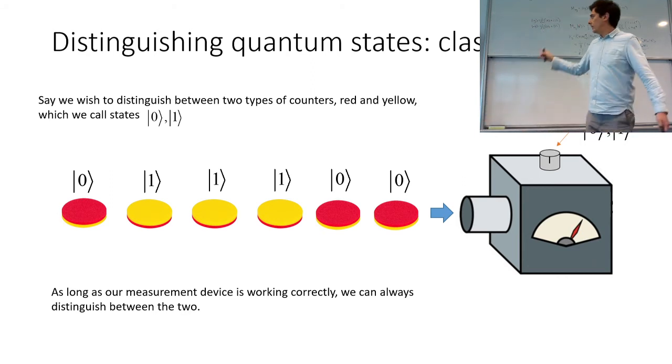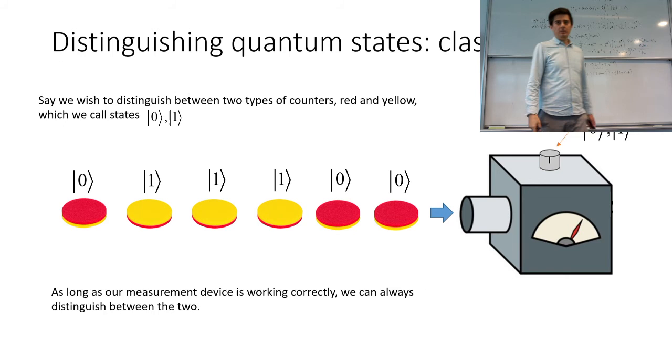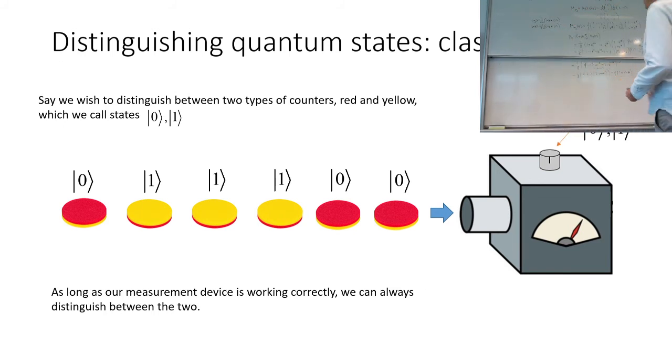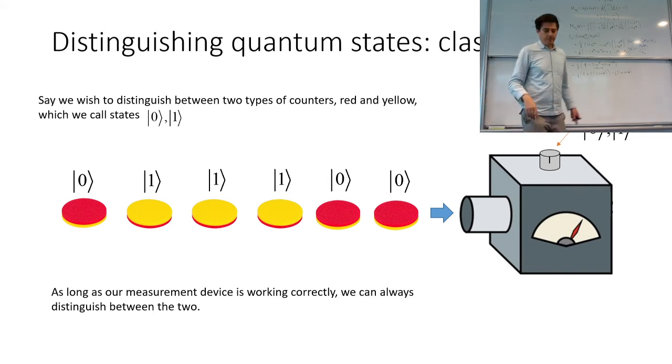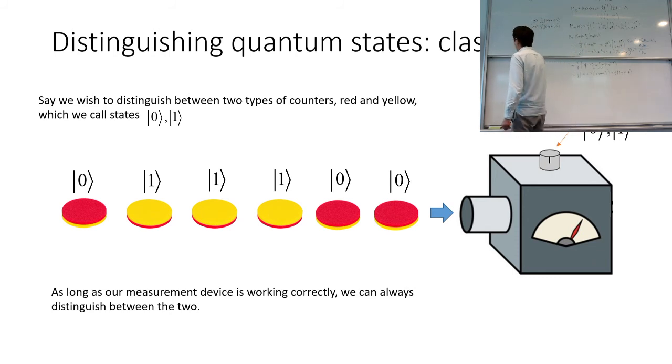Because obviously in the 0, 1 basis, and you're measuring 0, 1 states, then we can distinguish them. But even here, if you choose the wrong basis in your measurement device, you're not going to be able to distinguish them properly. For example, let's say you accidentally put your measurement device in the plus minus basis, right?